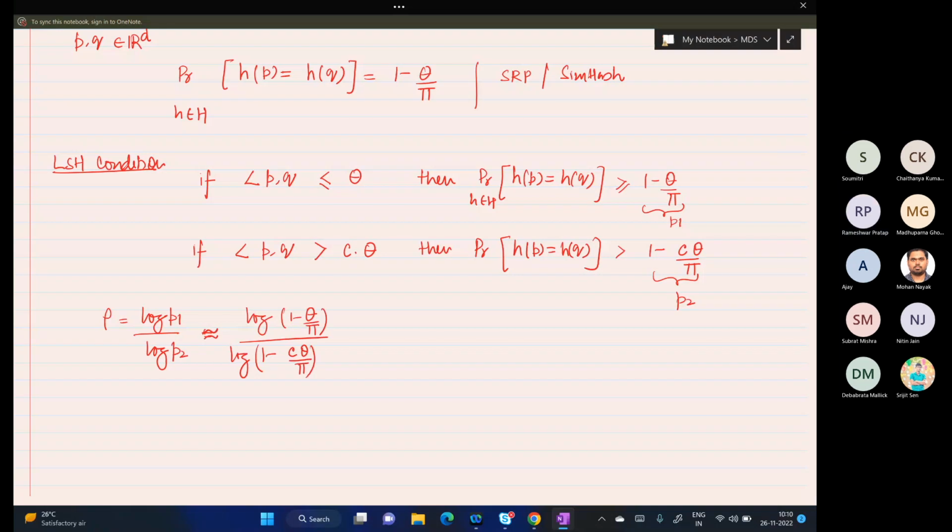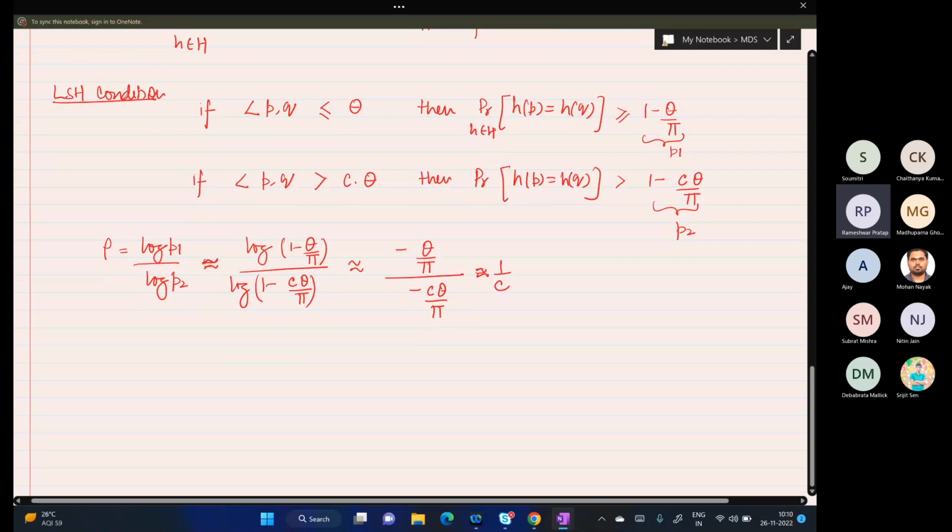And log(1 minus x) can be approximated by minus x. So just doing this Taylor series expansion, we can write this as minus theta by pi over minus C theta by pi. So this is roughly 1 over C.